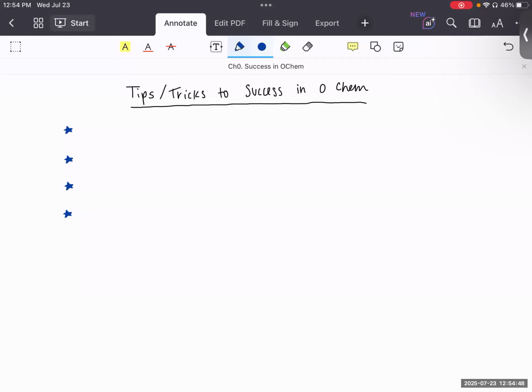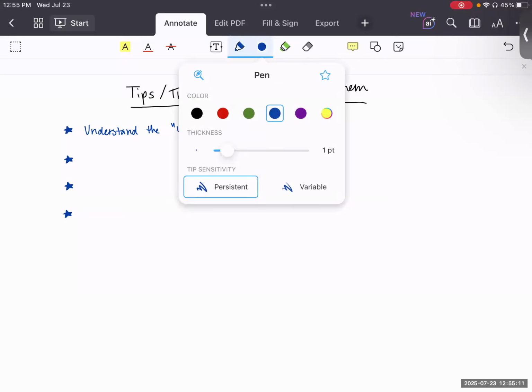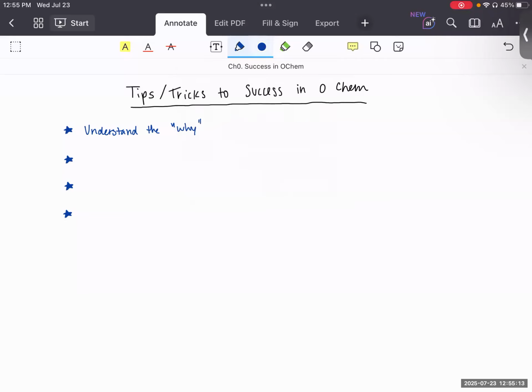So the first tip that I have is to really approach the course with the goal to understand the why behind everything that you're doing. In comparison to something like biology or general chemistry, it's very difficult to succeed in organic chemistry if you're just trying to memorize. So I'm going to write this in all caps here: no memorization.